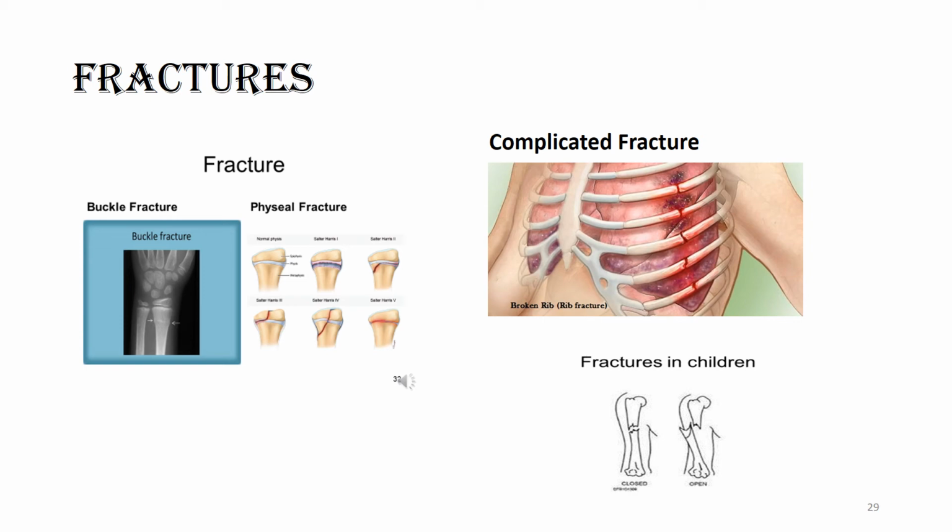And then complicated fractures is where the bones are broken, but it impinges on either the tissue, the nerves, the blood vessels, or another organ. And this picture shows the ribs are fractured and they are impinging on the lungs. And then on the bottom, very, very small, is a closed fracture, which doesn't penetrate through the skin, but an open fracture does.